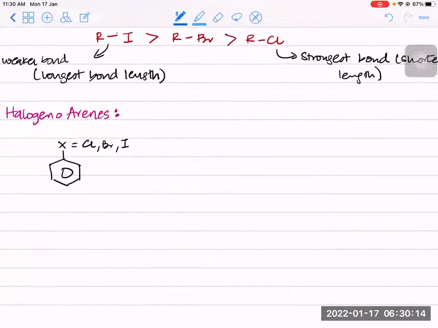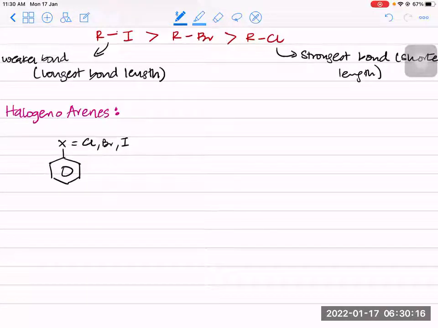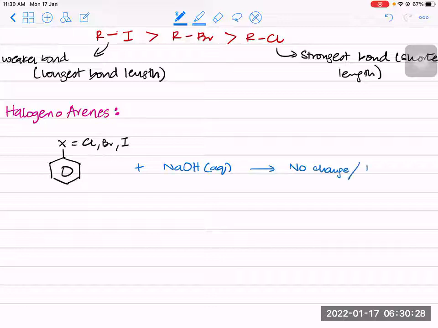Iodoalkane. Now, if I do the same thing with halogenoarenes, where you also have a C-halogen bond, if to this you add aqueous NaOH, there will be no change, or there will be no reaction. Why? Because the C-halogen bond in halogenoarenes is very strong. So here the C-halogen bond is really strong, which is why there will be no reaction.